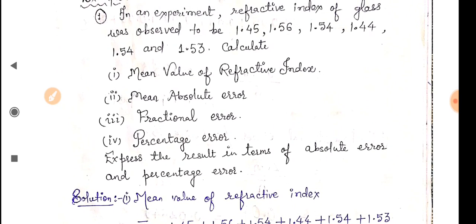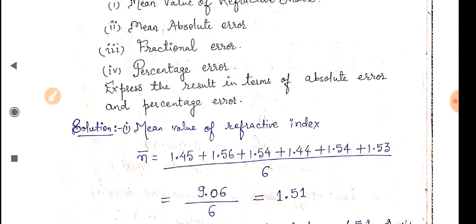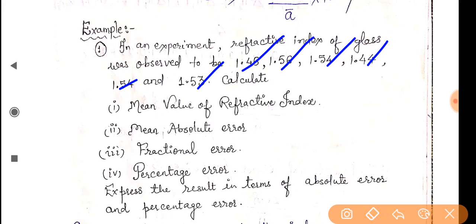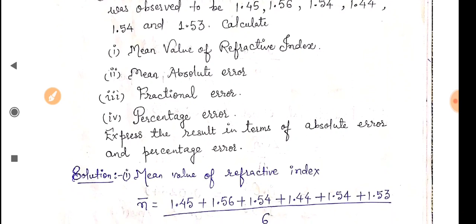So dear students, how can we calculate the mean value of refractive index? You are familiar with the mean or arithmetic mean: sum of observations divided by number of observations. We have been provided here first, second, third, fourth, fifth and sixth, 6 observations in total, taken as refractive index of the glass by the experiments done. So the first question is to find the mean value.